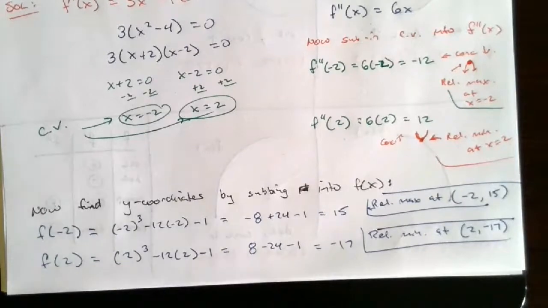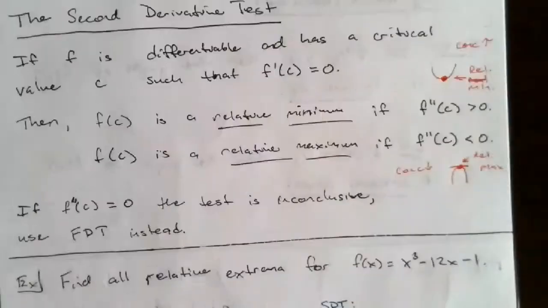The second derivative also tells us another thing. It tells us about where concavity changes. So we know it tells us about concavity. The place where concavity changes is called an inflection point.